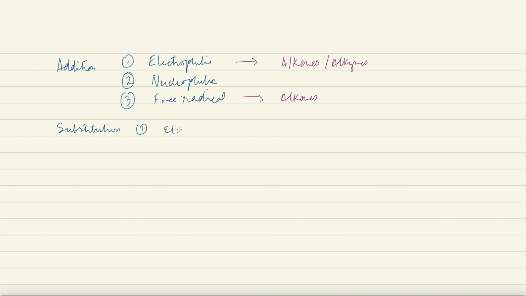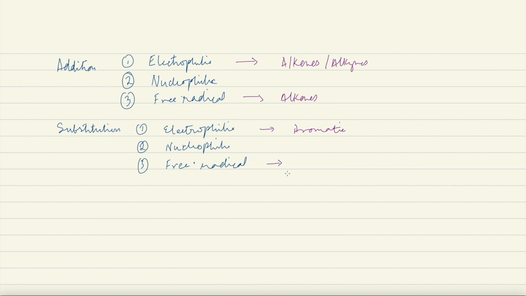So we have the electrophilic, especially on the aromatic compounds, which you have seen in the first semester. Then we have the nucleophilic, and then we also have the third one, that is the free radical type of substitution reaction. So electrophilic is common in aromatic compounds, where you undergo substitution like halogenation, nitration, sulfonation of a benzene or any aromatic compound.